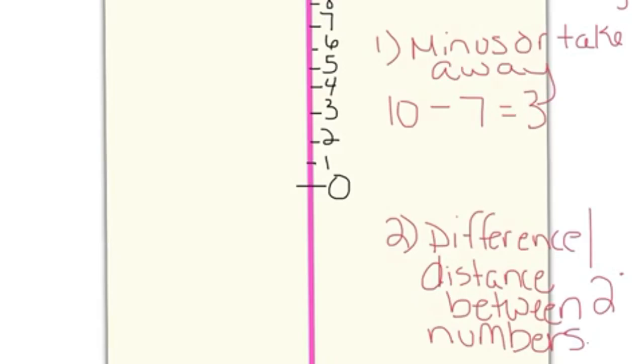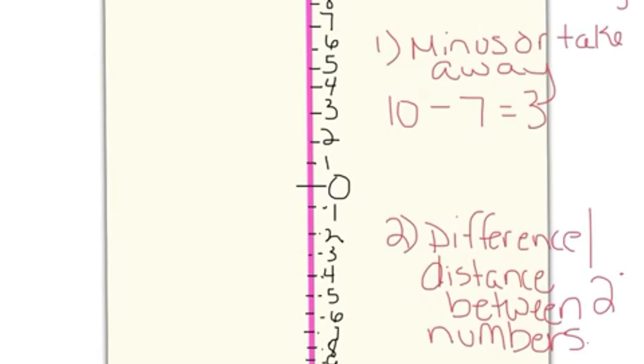My 10 will be all the way up at the top. Then I have negative 1, negative 2, negative 3, negative 4, negative 5, negative 6, negative 7, negative 8, negative 9, and negative 10, all the way down here.